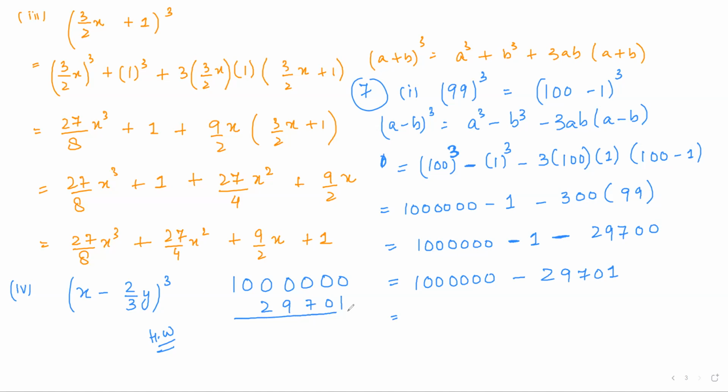29701. Now 10 minus 1 is 9. 9 minus 0 is 9. Now 9 minus 7 is 2. 9 minus 9 is 0. Right? And then you have, some mistake am I doing?